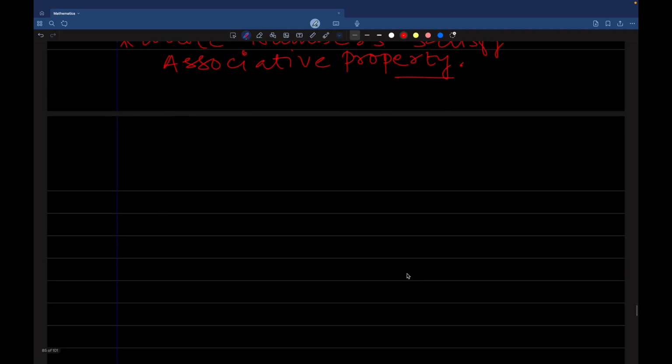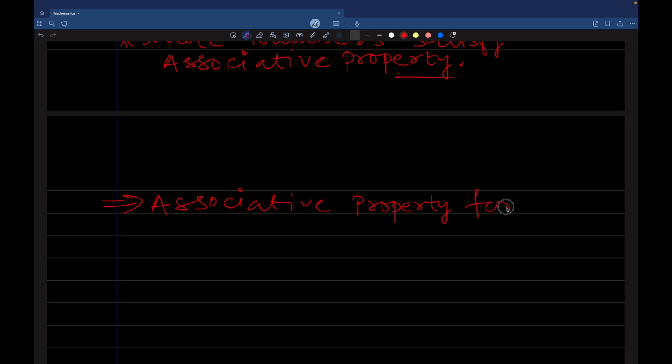Now let's check for integers. Associative property for integers. Integers start from 0, plus or minus 1, plus or minus 2, plus or minus 3 and so on.